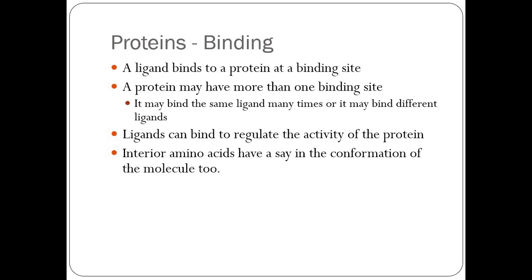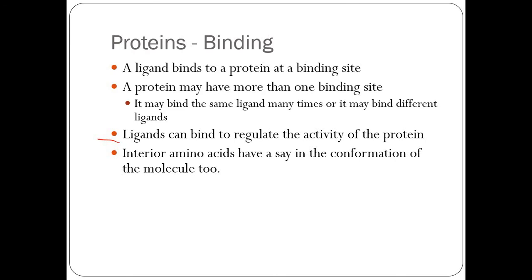For binding of proteins, a ligand binds to a protein at a binding site. A protein may have more than one binding site. It may bind the same ligand many times, or it may bind different ligands. And ligands can bind to regulate the activity of a protein.